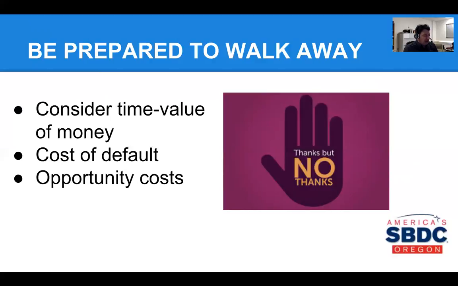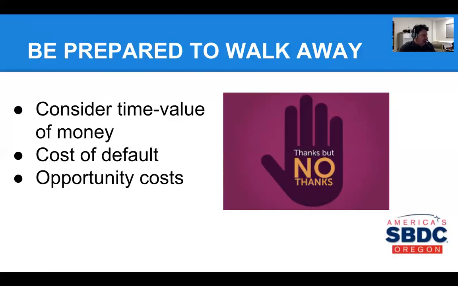And then again, I use the term opportunity cost. When you look at a deal, you should be forecasting how much money you can make a month from the business. Are you giving up too much? Are you walking away from a job where you were making $5,000 a month to make $2,000 a month and have a lot more stress on you with the responsibilities of owning a business?